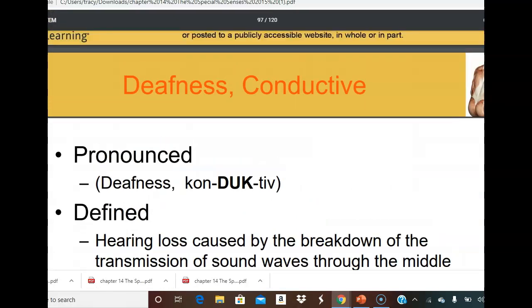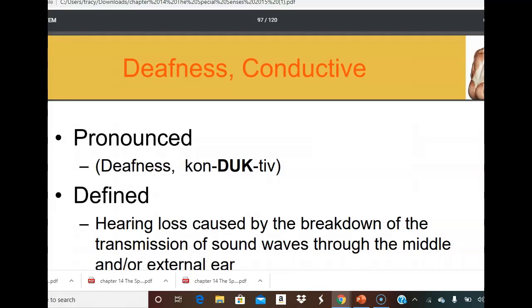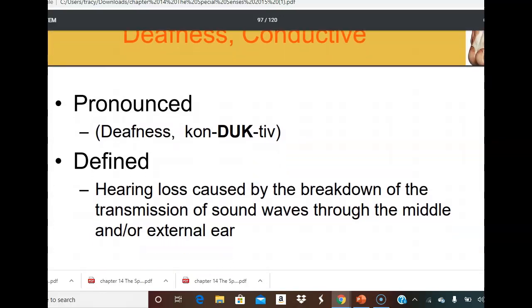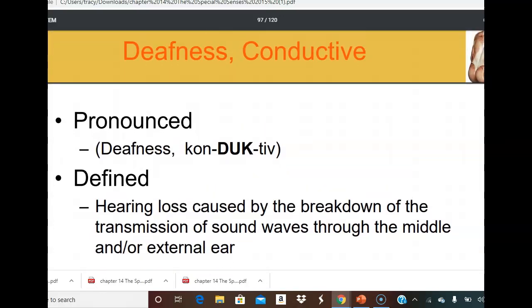Now, as we saw, there was a definition of blindness. Deafness, once again, can be divided into a couple of different kinds because it depends on where the deficit is. A conductive deficit, or conductive deafness, usually is some sort of breakdown in the middle ear or external ear, which would include the tympanic membrane or the ossicles.